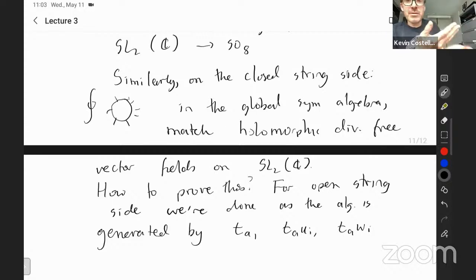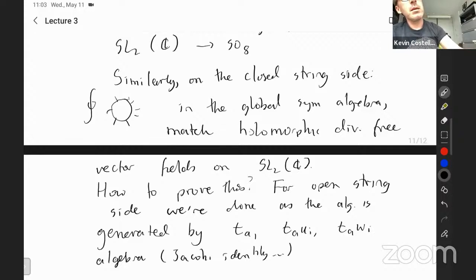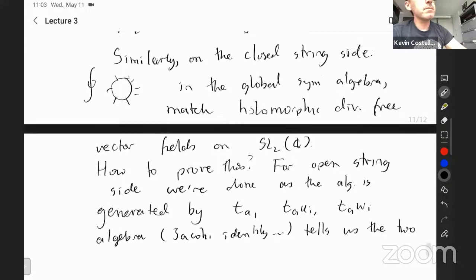So really, once we've checked this commutation relation, algebra, basically the Jacobi identity, and so on, tells us the two algebras must be the same.